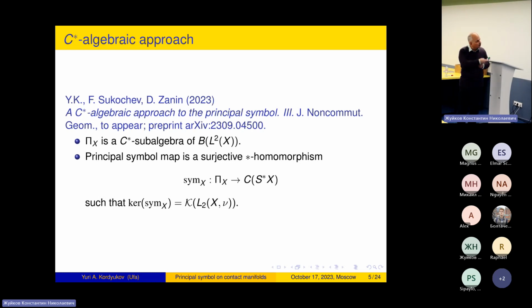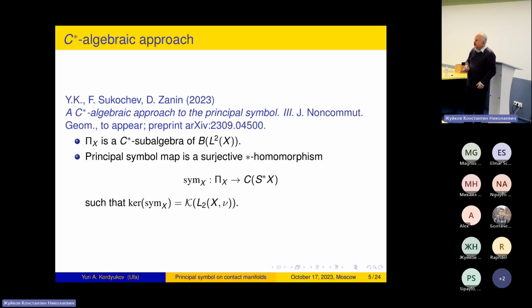Again, we constructed such an algebra, a C-star algebra in the algebra of bounded operators in L2 space, and the map which goes to the space of continuous functions on the cosphere bundle, such that this holds.